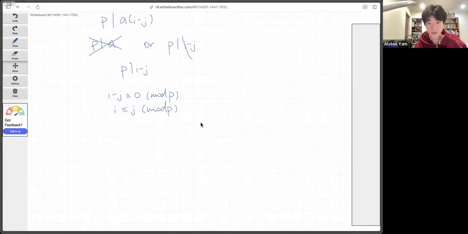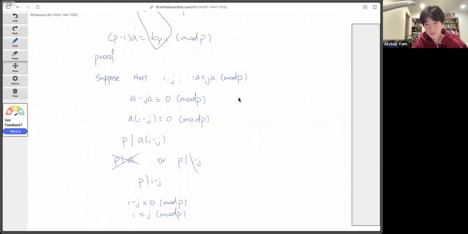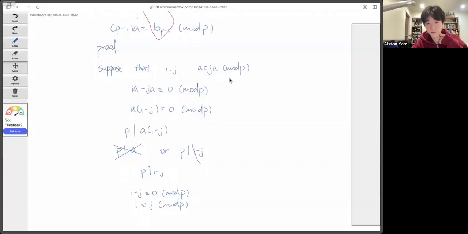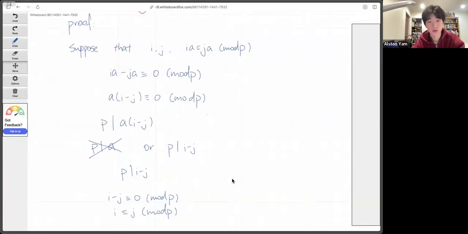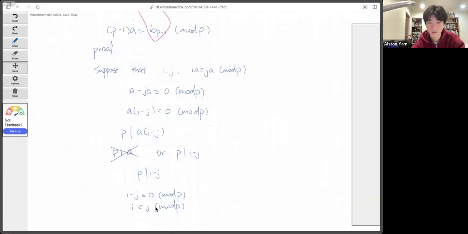So essentially what we've done is we have deduced from this assumption, that ia is congruent to ja mod p, the fact that i is congruent to j mod p. Okay, well, that is pretty bad. Why is that pretty bad? Well, if i and j are actually congruent mod p, that actually means i and j will have to be the same, right?